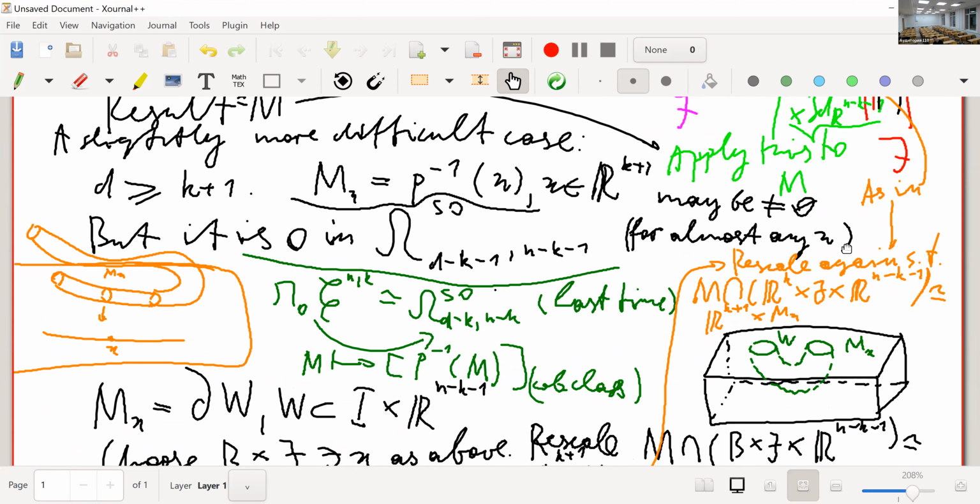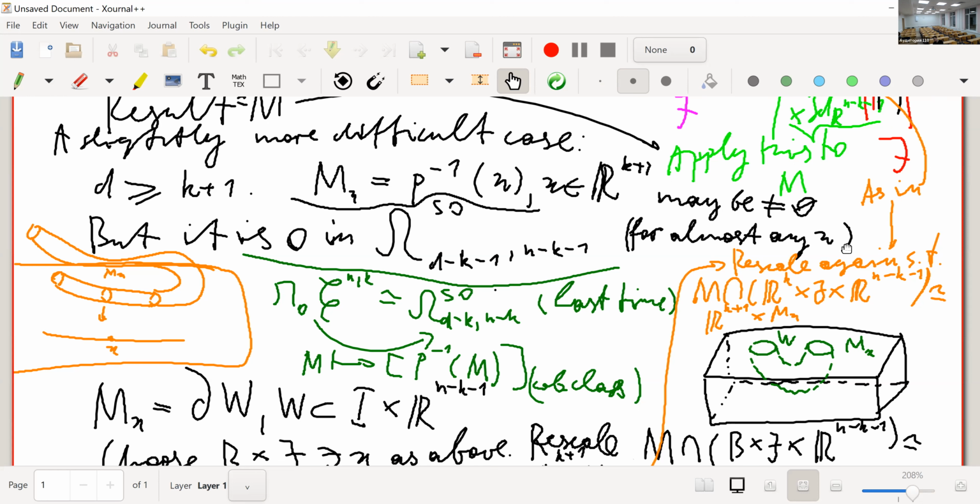So we still get something which is non-empty, but it's almost empty. It's the product of a Euclidean space and something cobordant to 0.